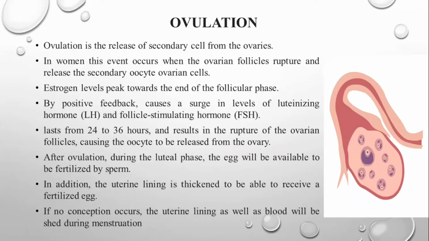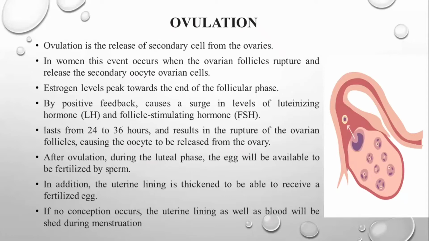If no conception occurs, that means no fusion of the ovum with the sperm, the uterine lining as well as the blood will be shed during the menstrual cycle. The uterine lining, which we call the endometrium, is peeled off and broken into small pieces, mixed with the blood, and shed from the walls of the uterus.